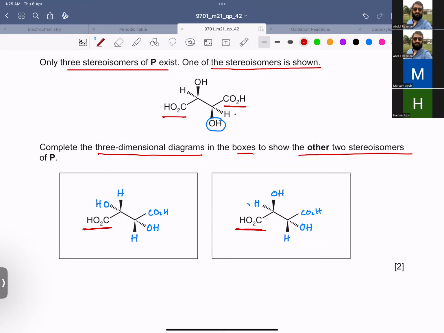And they didn't mention the position of any of the hydroxyl and H. So that's why I keep both the carboxylic acids on the same plane as given in the diagram, and I just swap the positions of the rest of the groups which are not mentioned where they have to be drawn.